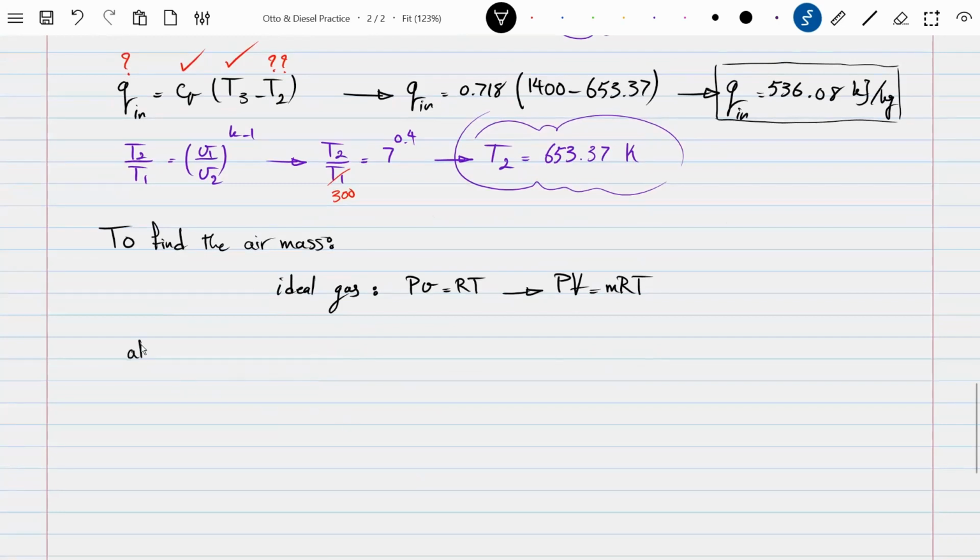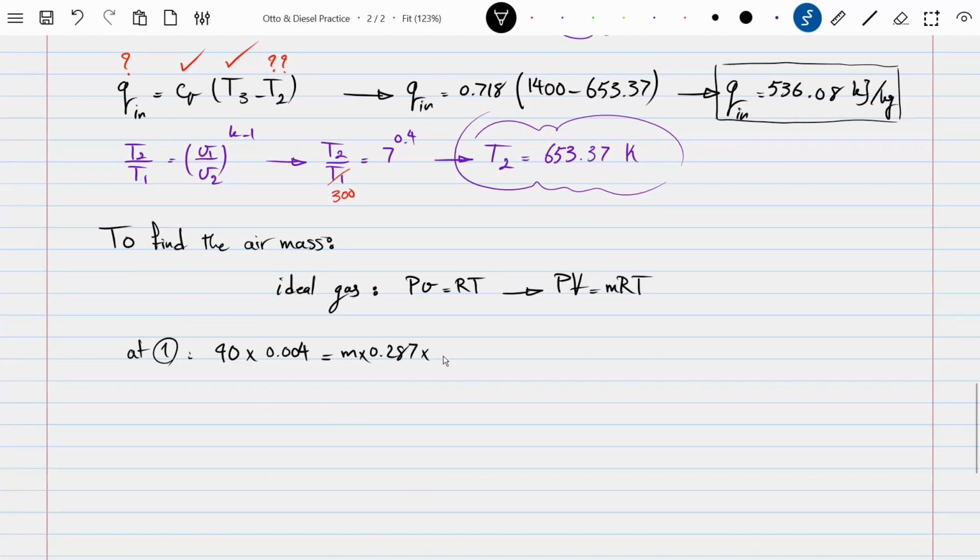So at point 1, I know that the pressure is 90 kilopascals. I know that the total volume is 0.004 meters cubed. I don't know the mass. I know that R is 0.287.